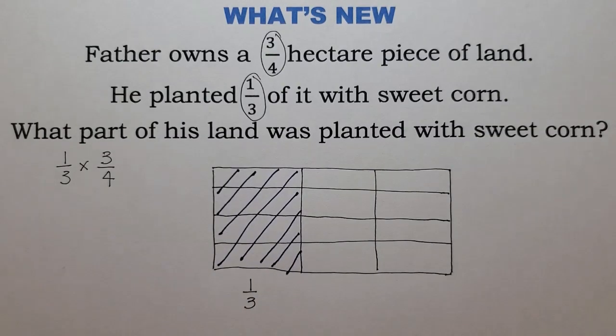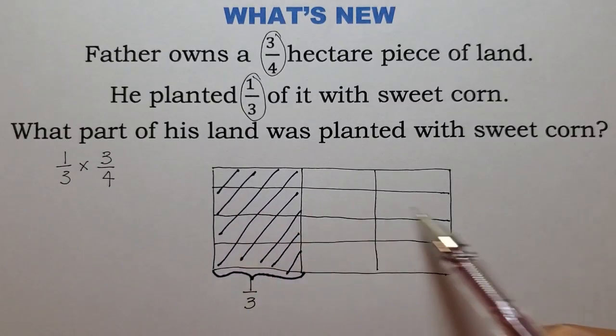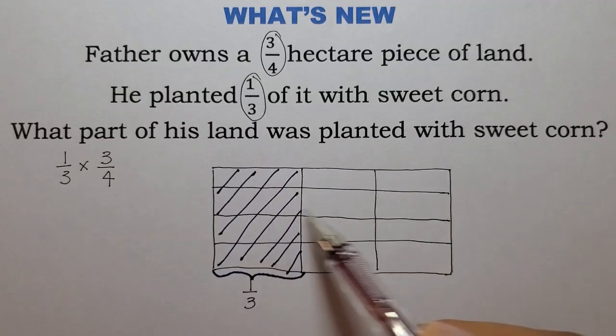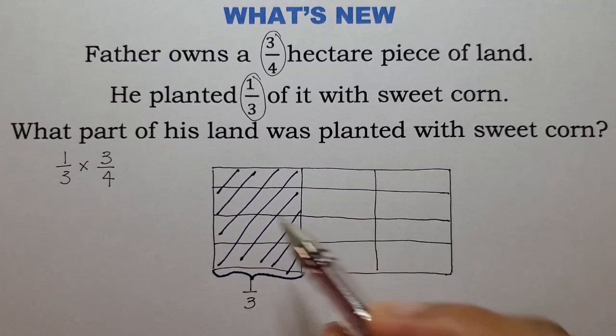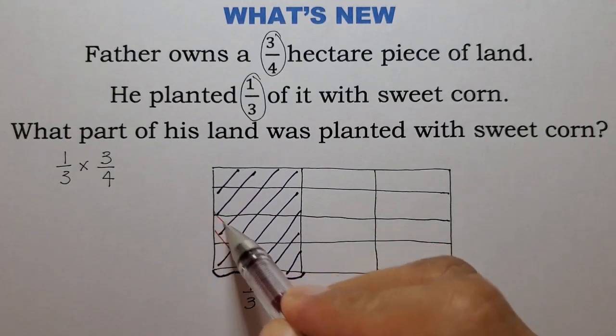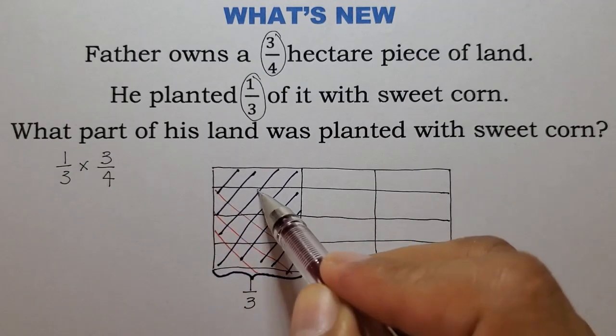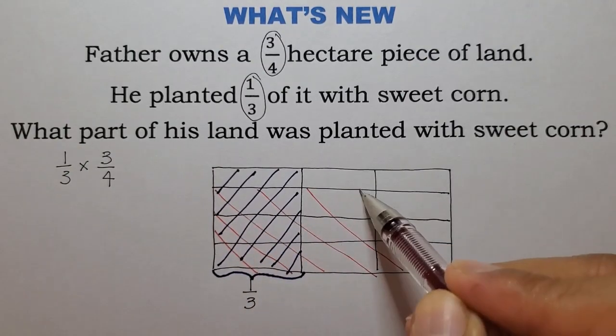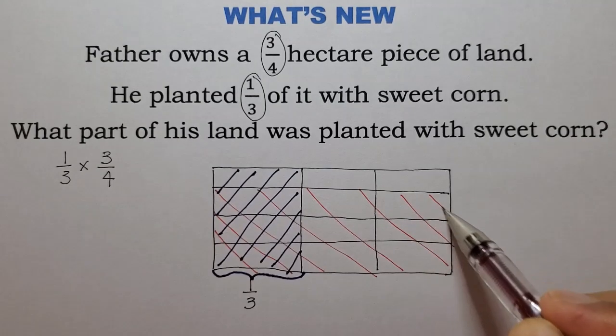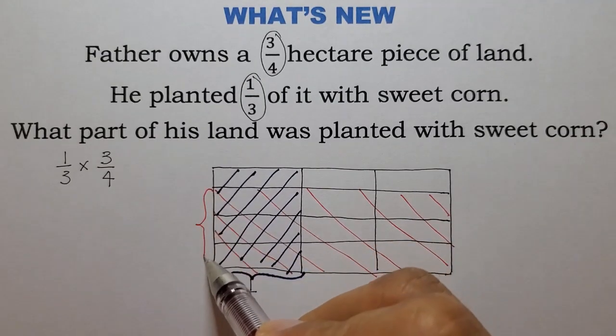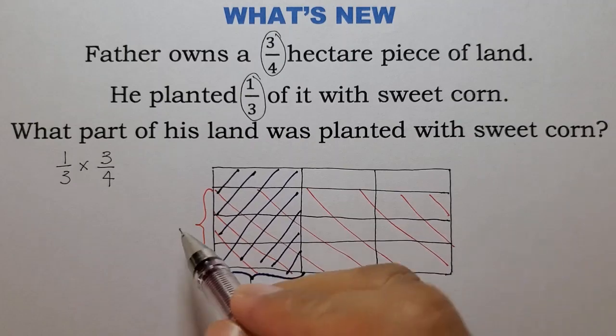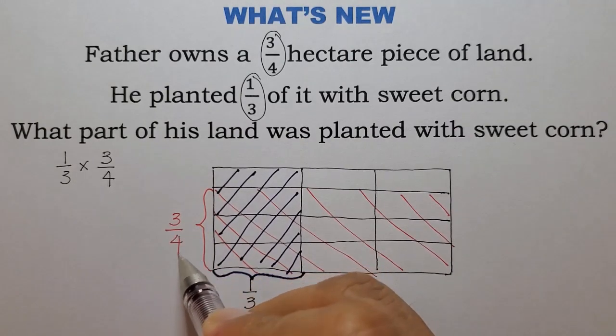If this is 1/3, this portion, of course, to show 3/4, I will have to shade 1, 2, 3 parts out of 4 equal parts. So, this is what we call 3/4. The region here, shaded with red lines, is what we call 3/4.